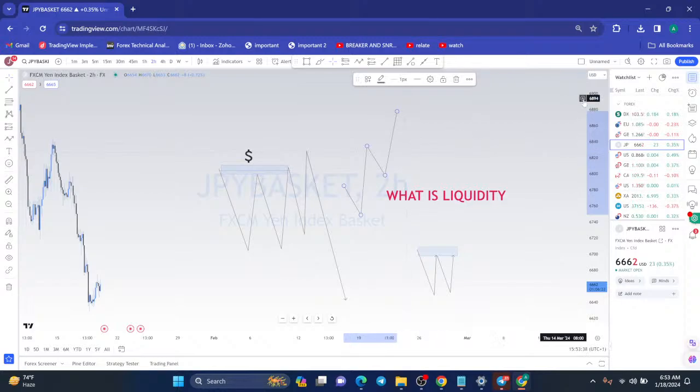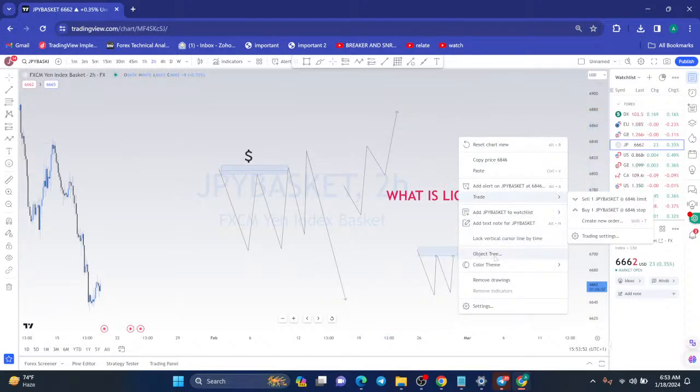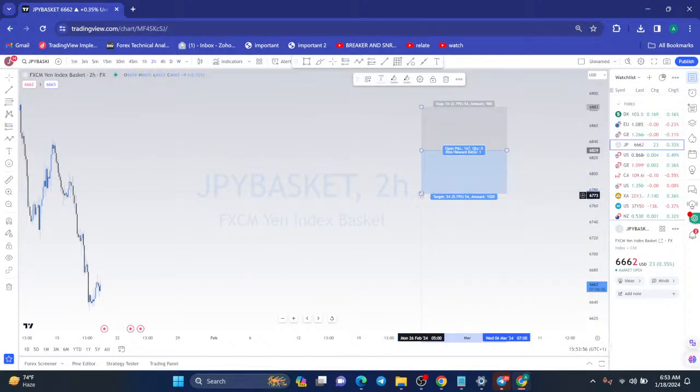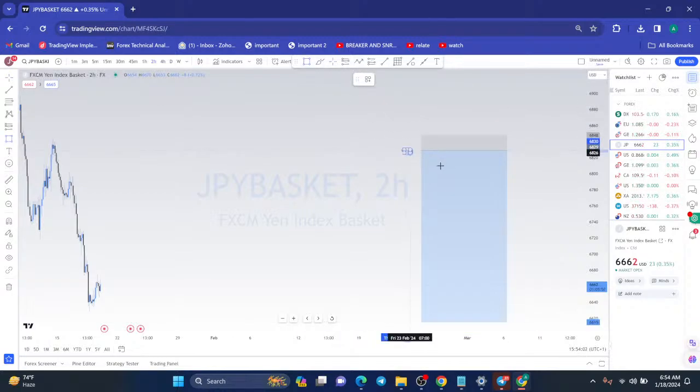Okay. Now, liquidity simply means a trap for the market. It is a point where the sellers or the buyers get liquidated. Now, I don't know whether you've been on any trade before. Probably you wanted to sell from this blue box here.